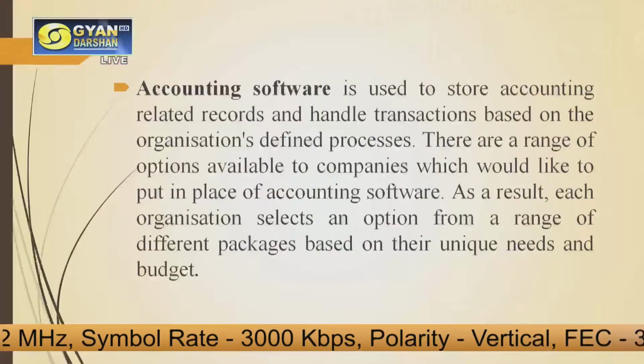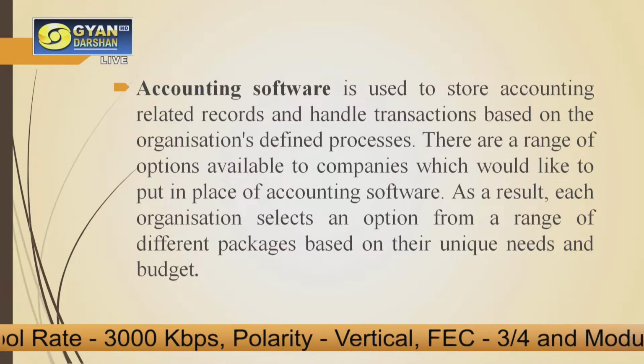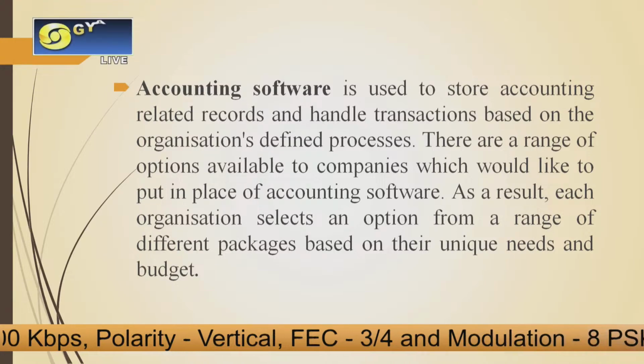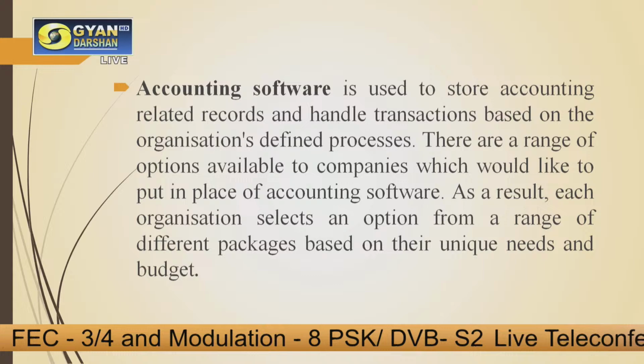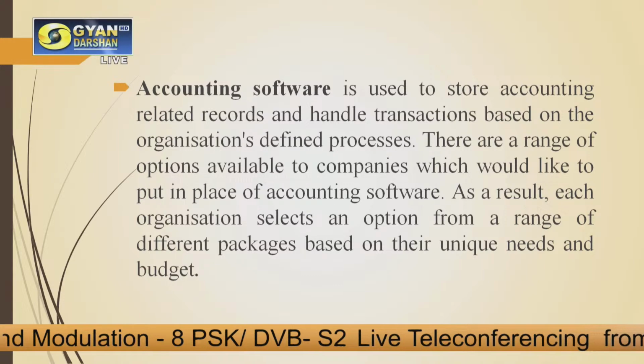Earlier we used to write all the records manually, and now we are doing it all through different accounting software. Now we need to understand what accounting software is. Accounting software is used to store accounting related records and handle transactions based on the organization's defined processes.